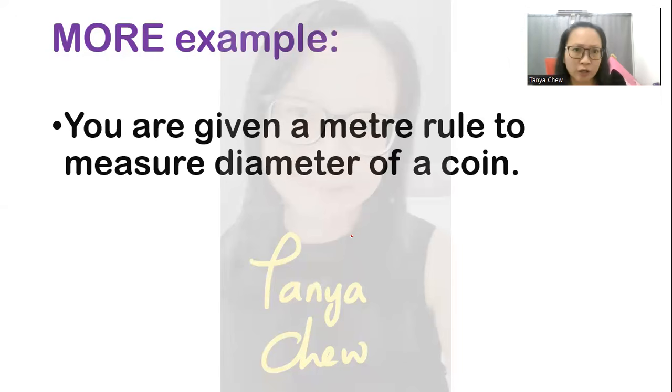You cannot simply change it like that. So one of the limitations is the measurement of the diameter of the coin would be very inaccurate. So your suggestion: use a micrometer screw gauge or a vernier caliper to measure the diameter of a coin instead of a meter rule. That is what we call a limitation, and that is what we call a suggestion of improvement.